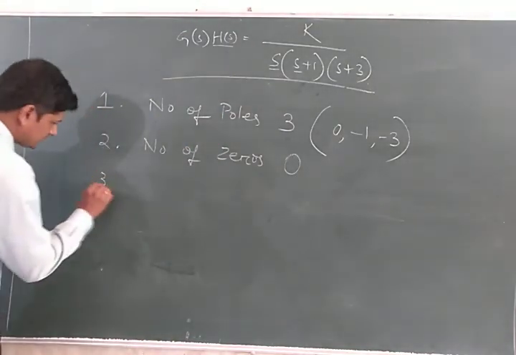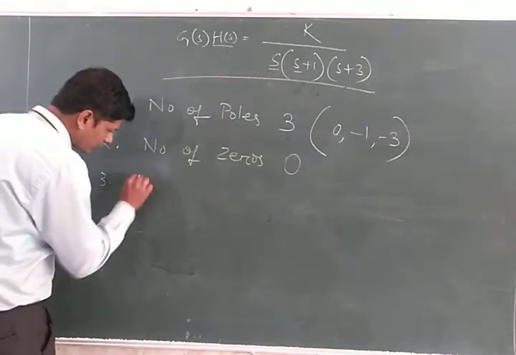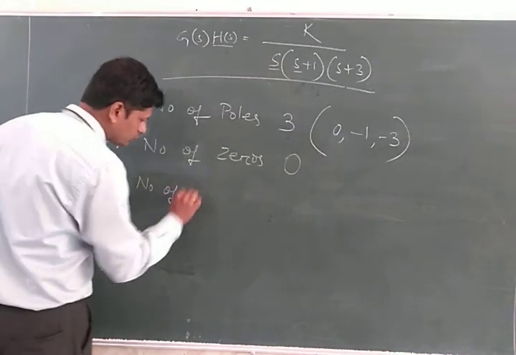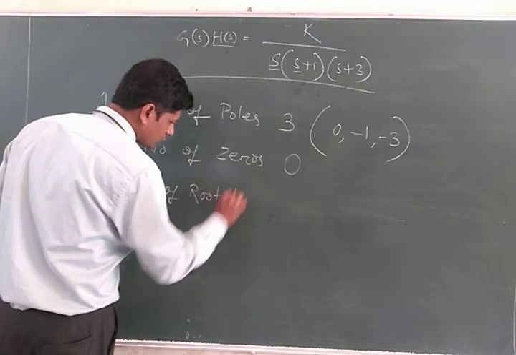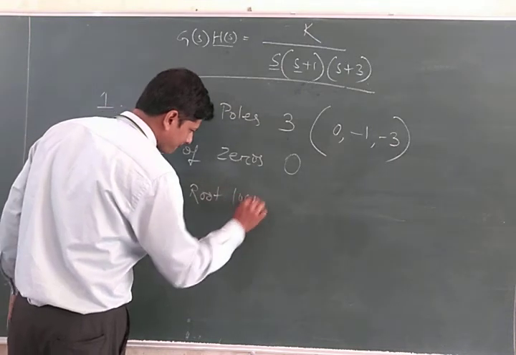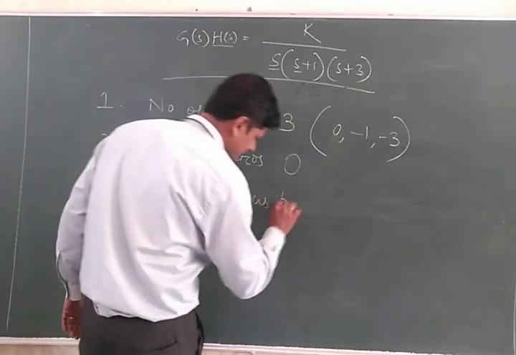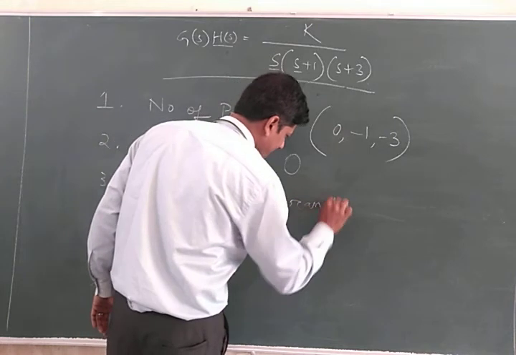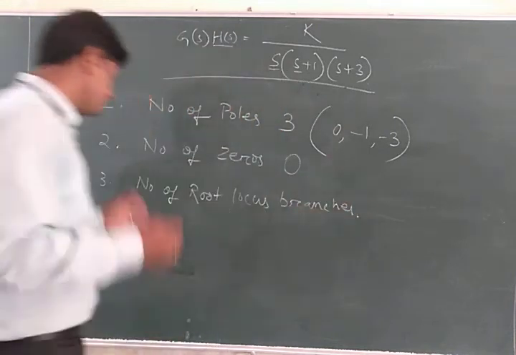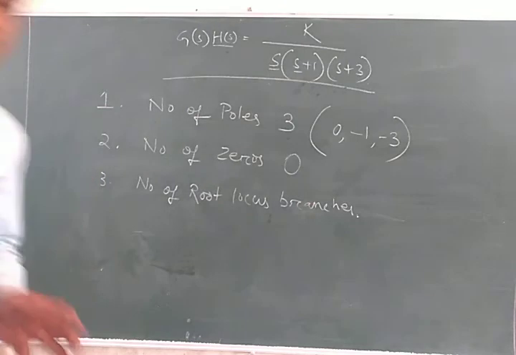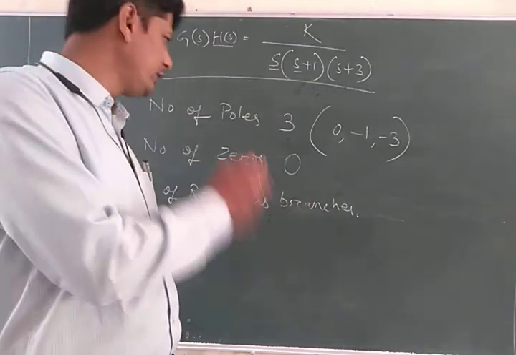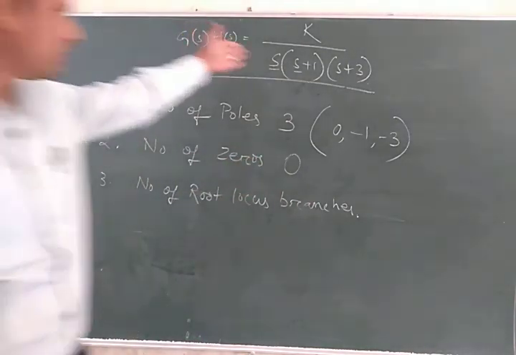Then point number 3 states the number of root locus branches. So how many root loci are we actually going to draw for this control system?